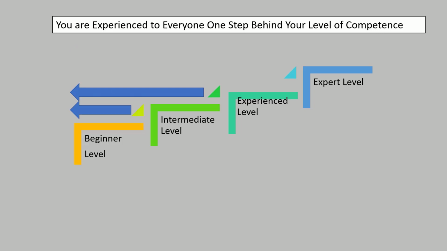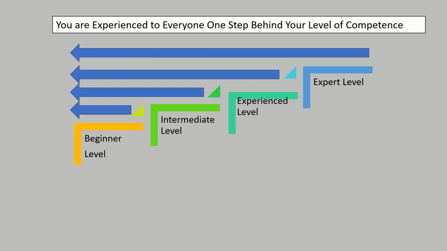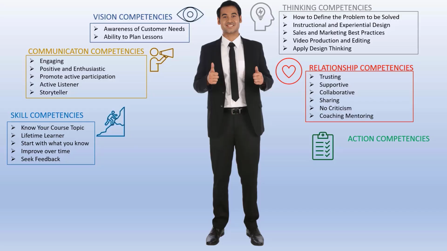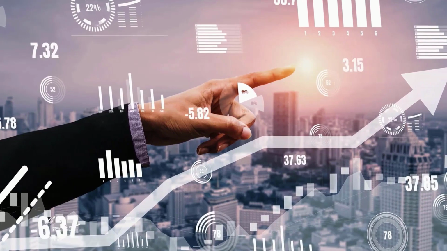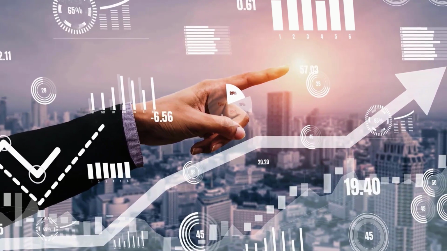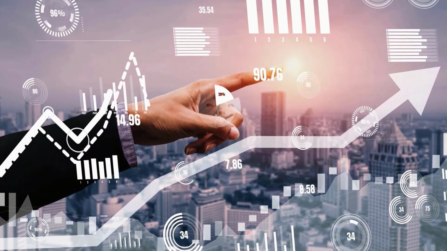But you need to start with what you know. That's good enough. Just make sure that you're targeting the right audience and positioning your course to that audience. And you just need to be committed to improve over time. You get that feedback, so you want to seek the feedback, listen to it, and act on it.